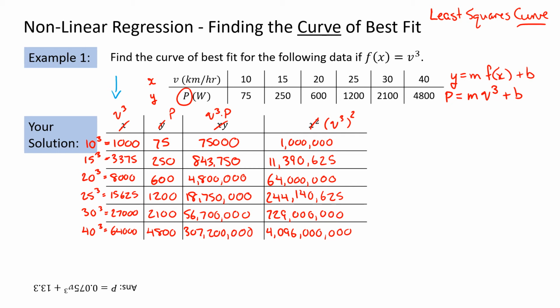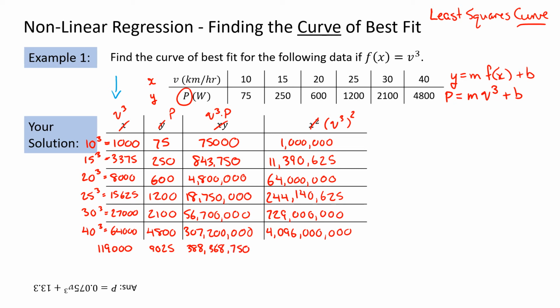Now we have to add all these up, okay? So adding up the first column, we get 119,000. Adding up the second column, we get 9,025. Adding up the third column, we get 388,368,750.